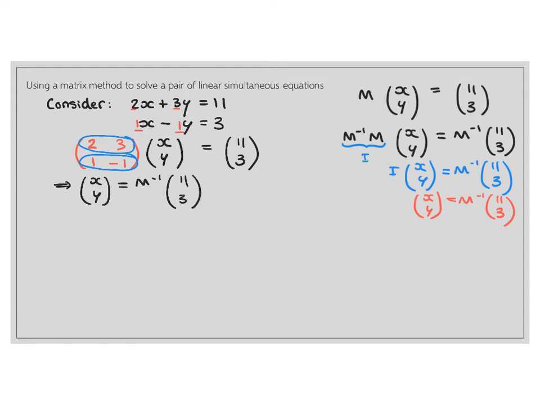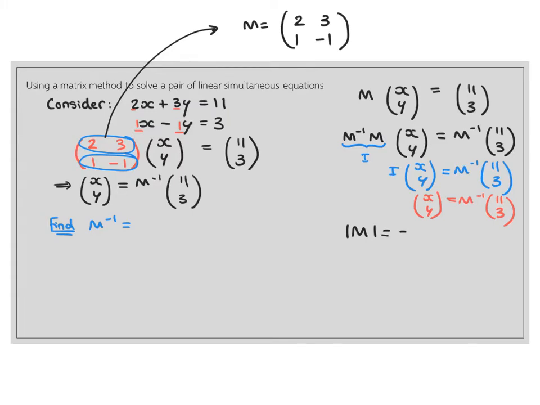So our job is to find M minus 1 first of all, and we can do that using the information we know. So first thing, let's work out the determinant of our matrix M. And actually, I think we should probably identify what our matrix M actually is, and it's this matrix over here, the matrix of the coefficients of the x and y terms in the simultaneous equations. So the determinant of M is equal to negative 2 minus 3, it's negative 5.